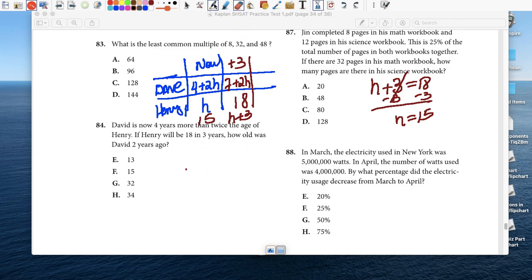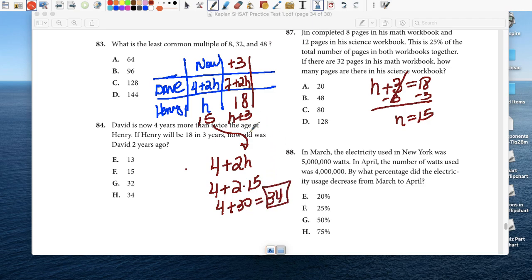I know Dave's age, so what I meant was, since I know what h is, I can replace the h with 15, and I can go 4 plus 2 times 15, 4 plus 30, and that gives his current age of 34. So 2 years ago, Dave was 32, right? Because minus 2, continuing this table, if Dave is now 34, 2 years ago, he was 32.